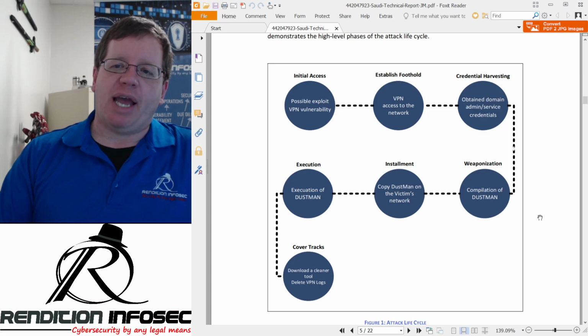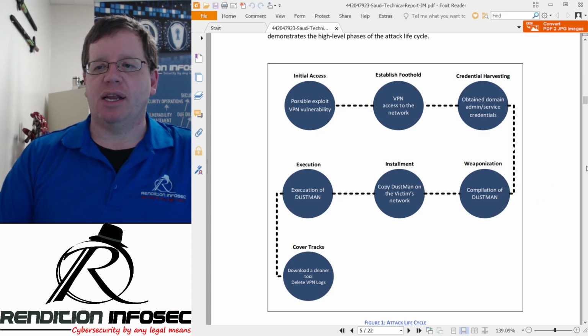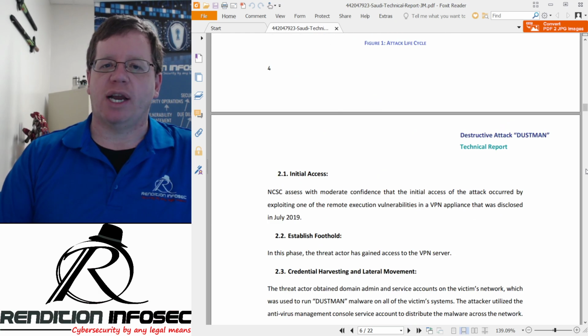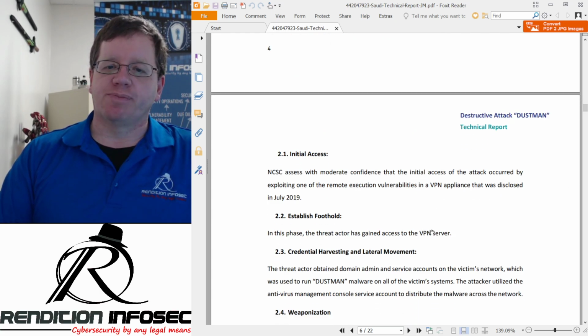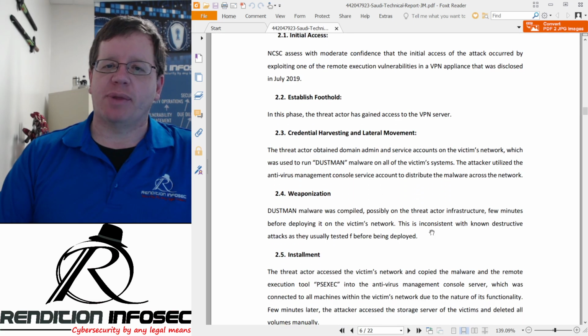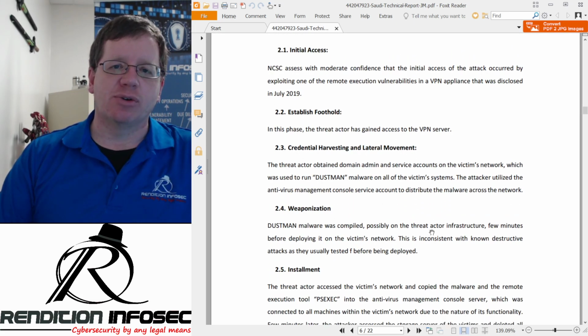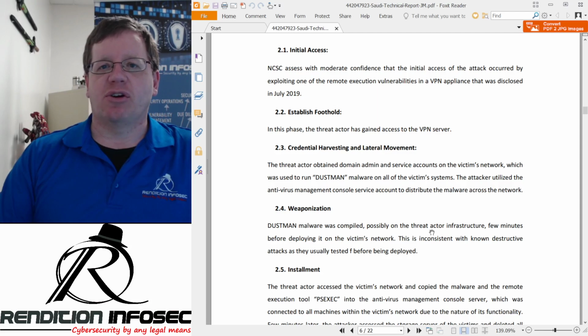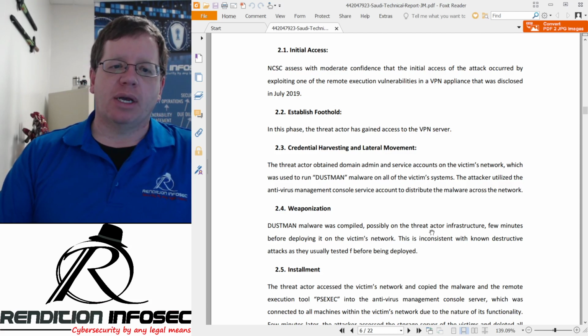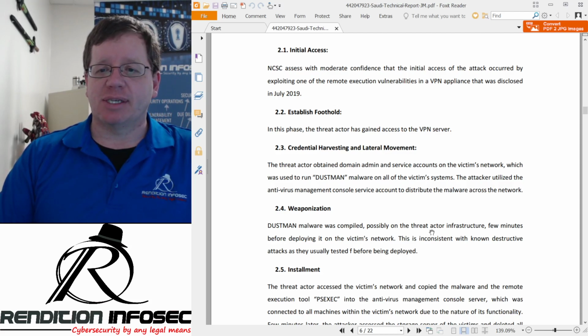They're then using the VPN to access the network, gain credentials, laterally move, and then cover their tracks. So they talk about the VPN server, but they don't talk about which one as far as initial access goes. Again, I think Pulse Secure is a not unreasonable thought here, but it's hard to say.